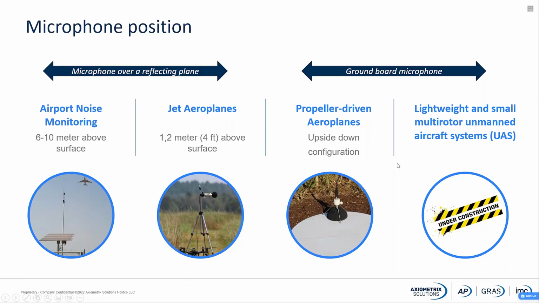And then there is the lightweight and small UAS standard. This standard is not yet finalized, so it is under construction. So I'll go through the different setups, the configurations, and I will tell you about the different pros and cons for the different setups.